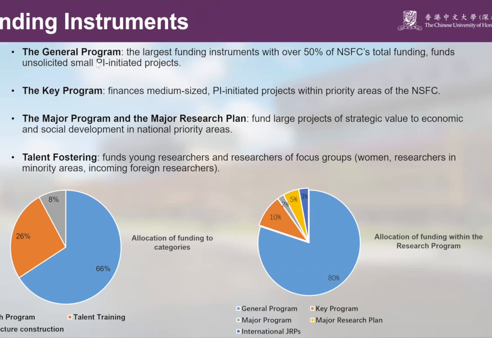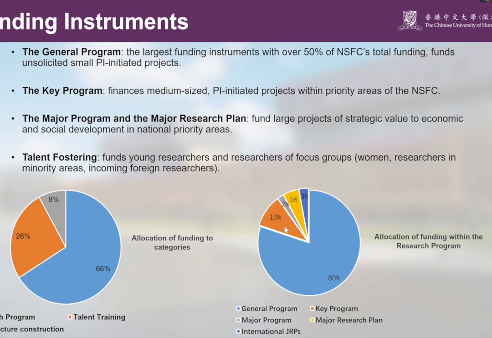A little bit more statistics. Out of all NSFC funding, 66% goes to the general program, the individual research grant, and 26% goes to key projects, and then the next category is the major research program and major research plan, and so on.